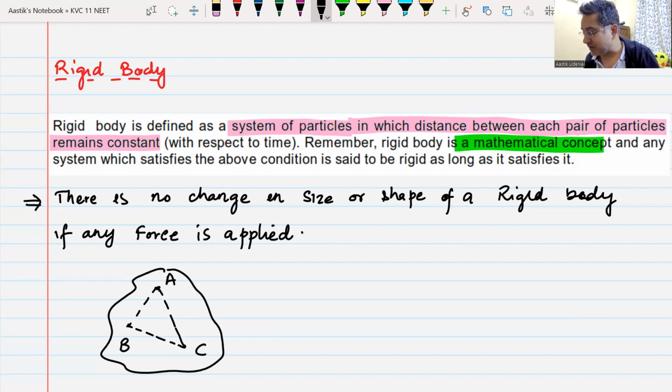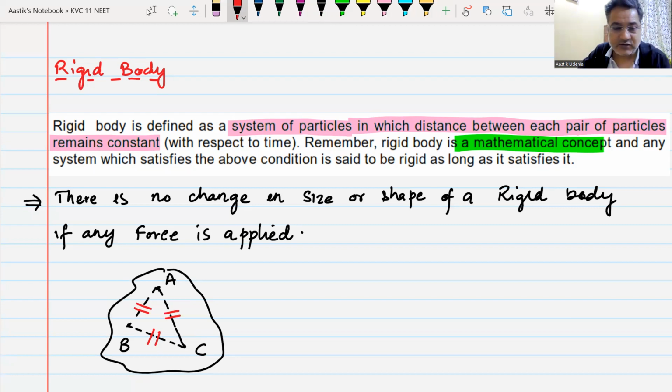That body becomes a rigid body. So the distance between A and B should remain the same always, the distance between B and C should remain the same always, and the distance between A and C should remain the same. I just take an example of three particles. There could be infinite number of particles in this body. If the distance between any random pair remains the same, then the body is said to be a rigid body.